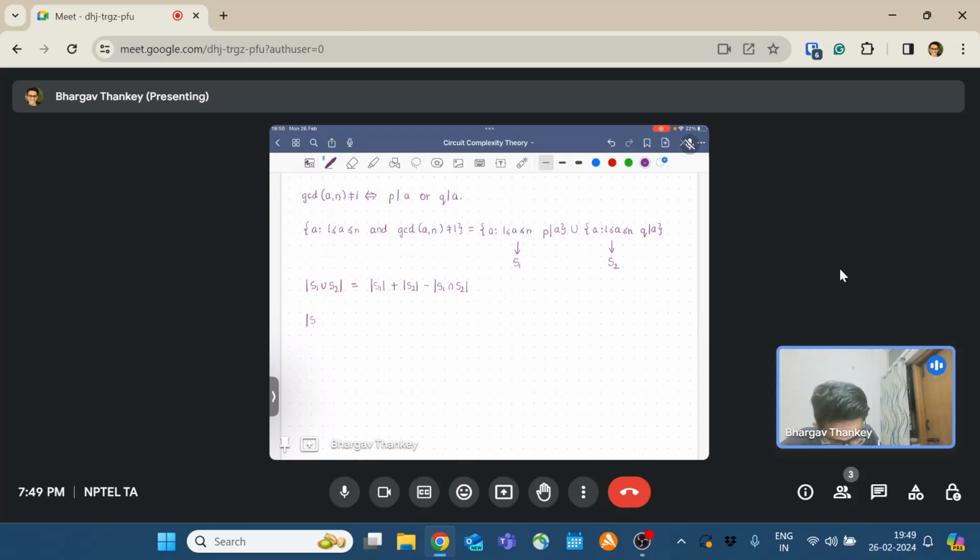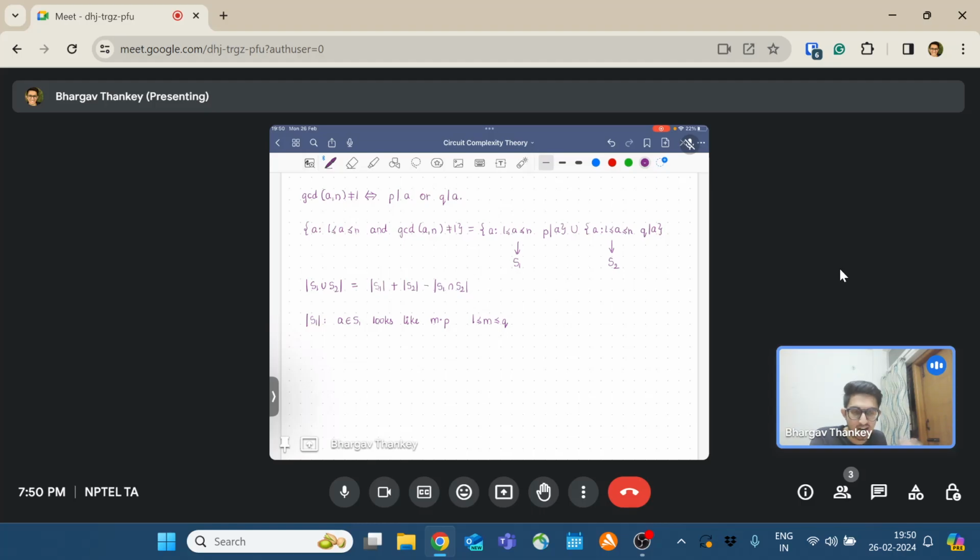So what is the size of S1? Any A in S1 looks like M times P, where M is from 1 to Q, right?